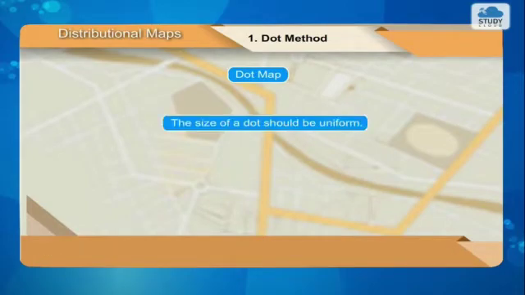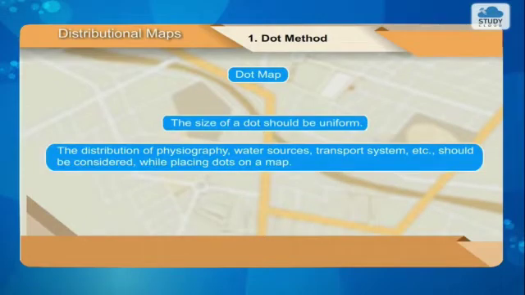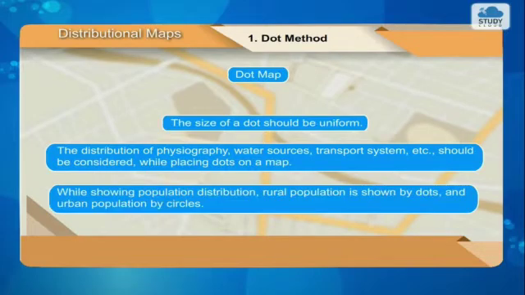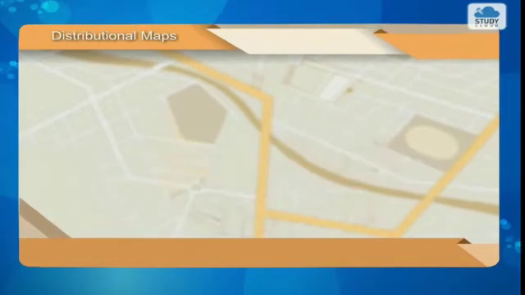The size of a dot should be uniform. The distribution of physiography, water sources, transport system, etc. should be considered while placing dots on a map. While showing population distribution, rural population is shown by dots and urban population by circles.